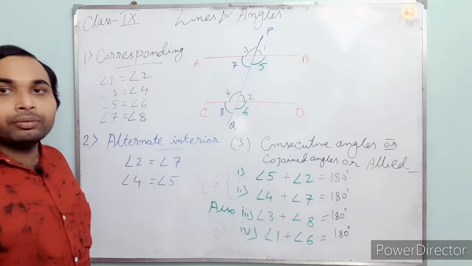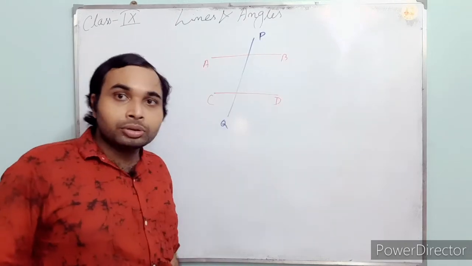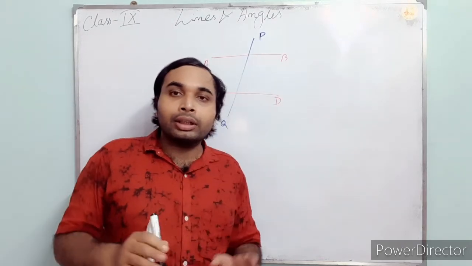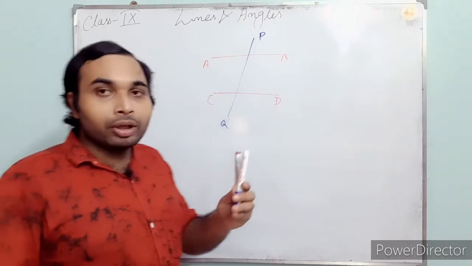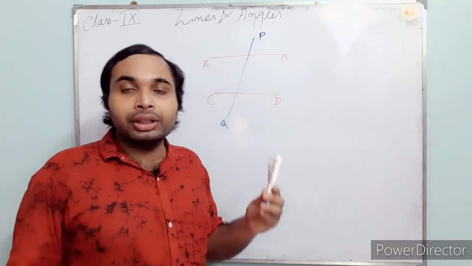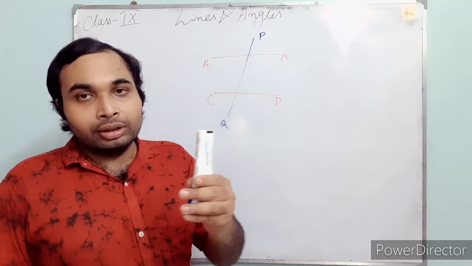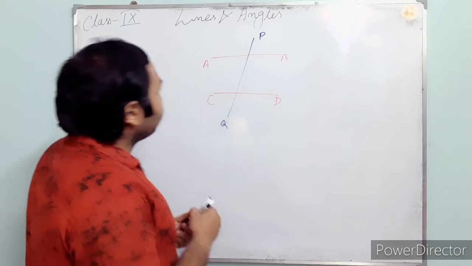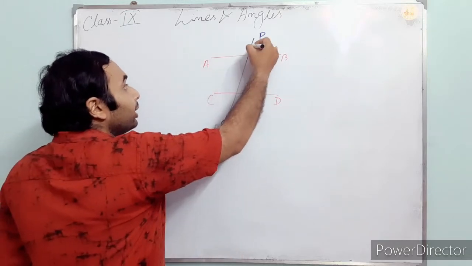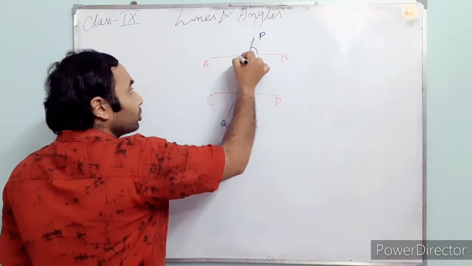I think you have got it. Also, students, another type of angle we can find over here except the corresponding, alternate interior and the consecutive angles. What are those? Very interesting and very useful angles are those.